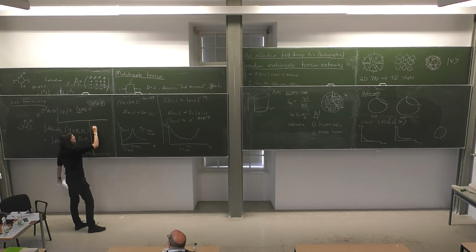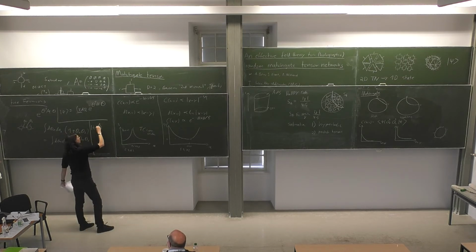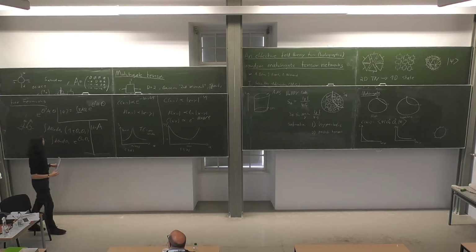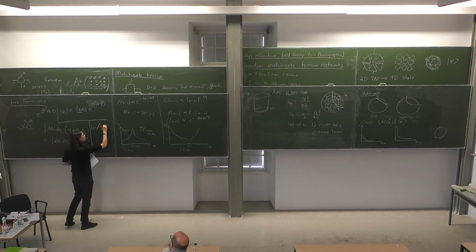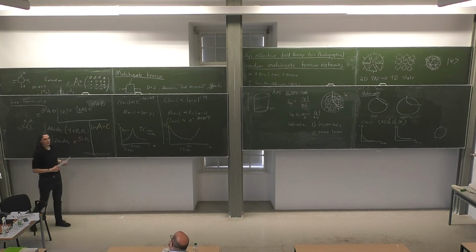But what this Hamiltonian looks like is just the collection of all the individual A matrices that define the individual tensors, and then the adjacency matrix of the tensor network that captures all the bond connections.